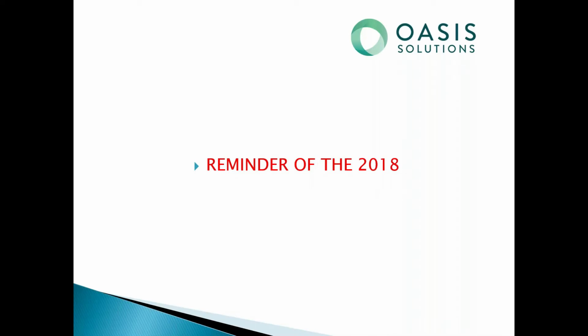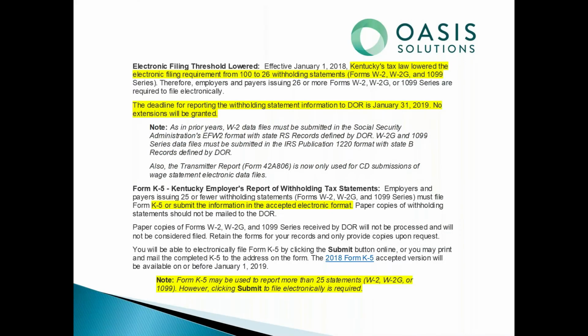This is a reminder from 2018, but in case it's your first year using Sage Payroll or the first year you've been involved with payroll yourself, what we're going to talk about is Kentucky. For the state of Kentucky last year, they changed the e-filing threshold.